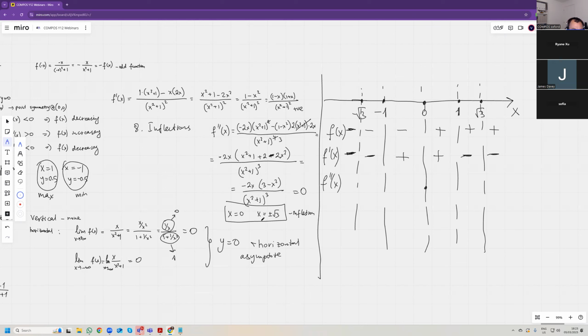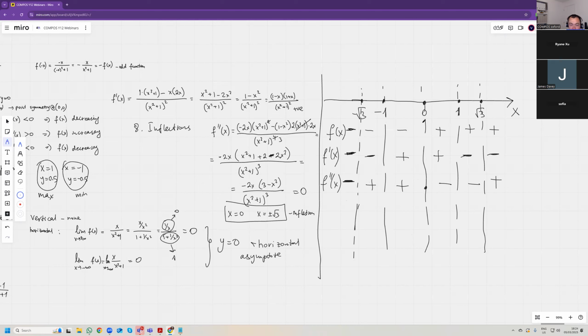So to the right, very positive is going to be positive. So positive, negative, negative, positive, positive, negative. The second derivative tells you whether the function is convex or concave.